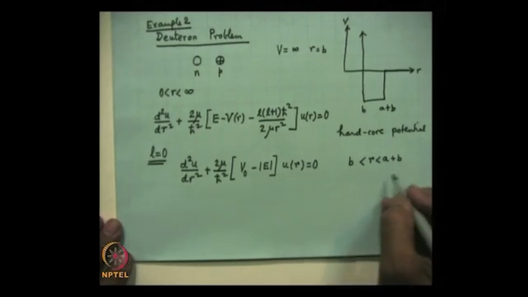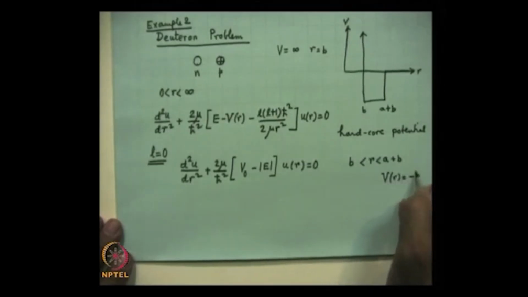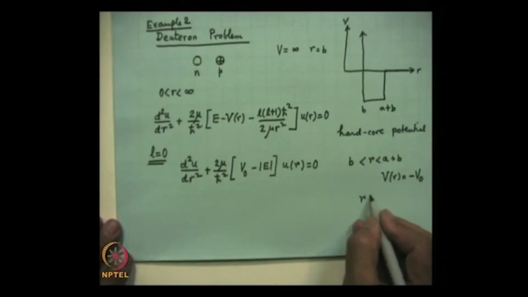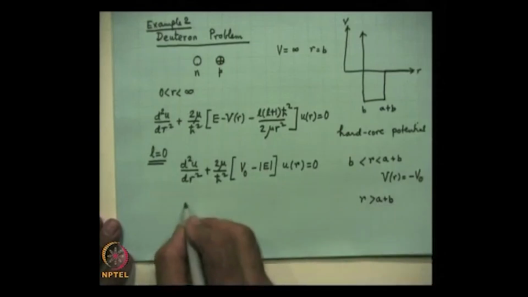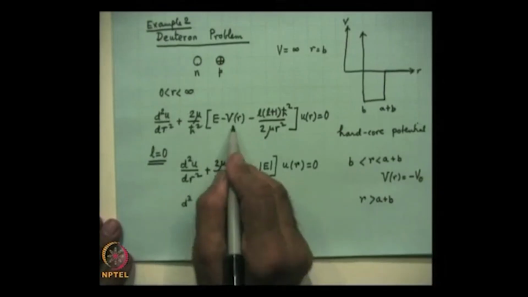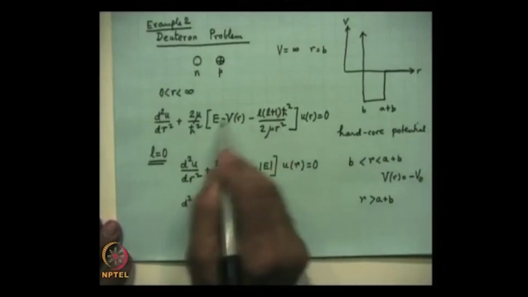In this region, V of r is assumed to be minus V0. For r greater than a plus b, V of r is 0, this term is 0, but E is assumed to be negative.